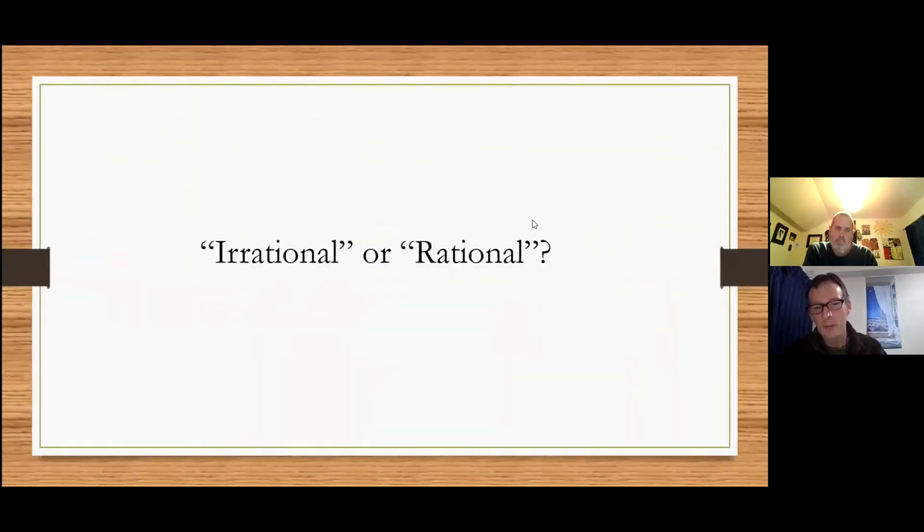Another thing is, in the literature, you'll sometimes hear bias described as irrational or rational. This can be very confusing. For example, auditory looming. This bias is when we hear a loud noise coming towards us, we hear it as approaching faster than it really is.